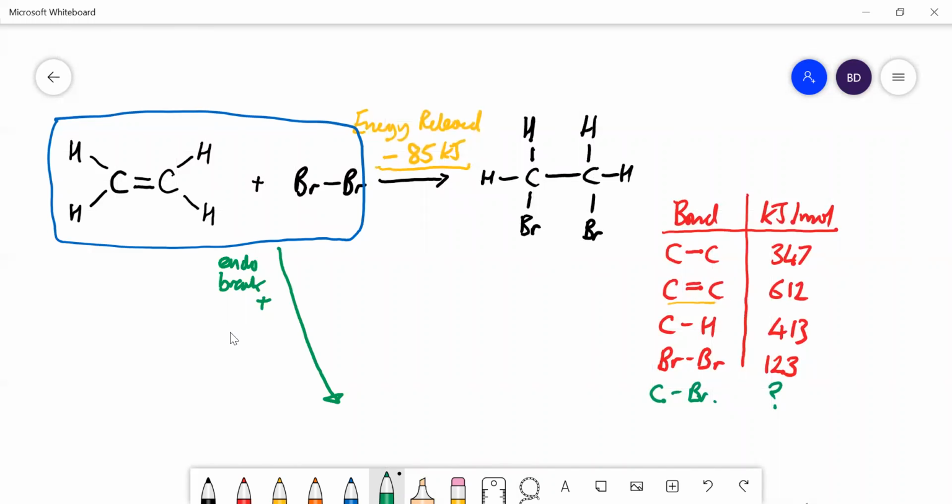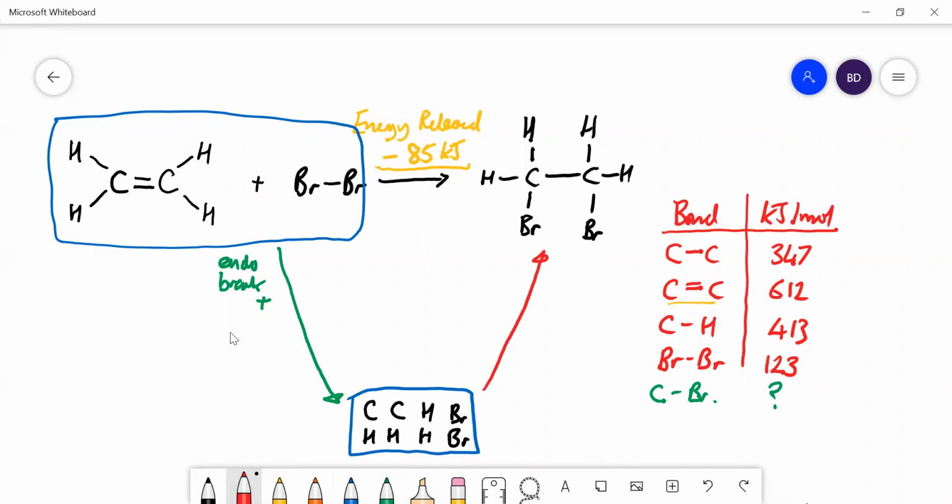I'm going to break it into separate atoms, 2 carbon atoms, 4 hydrogen atoms, and 2 bromine atoms as well. And then we're going to build those atoms up to form the new molecule, which is that one there.